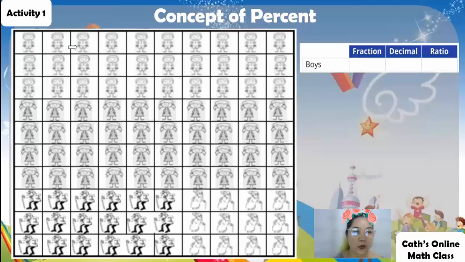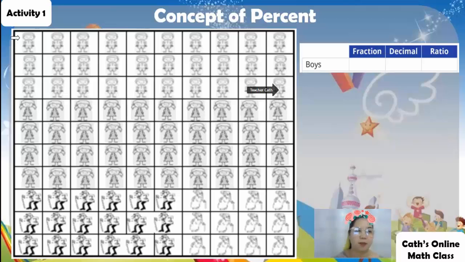1, 2, 3, 4, 5, 6, 7, 8, 9, 10, 11, 12, 13, 14, 15, 16, 17, 18, 19, 20, 21, 22, 23, 24, 25, 26, 27, 28, 29, 30. Okay, so how many boys are there? There are 30 boys by just counting one by one.